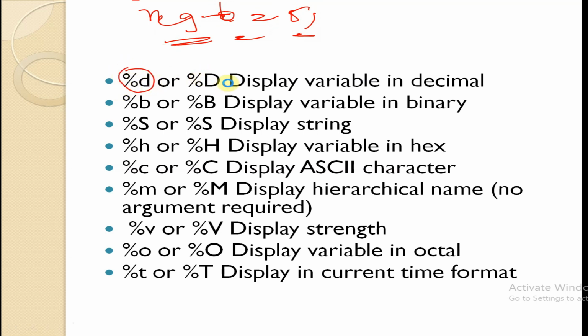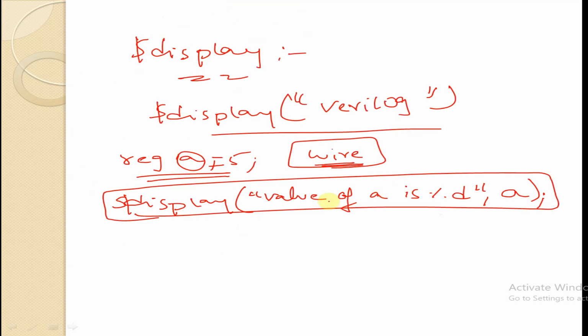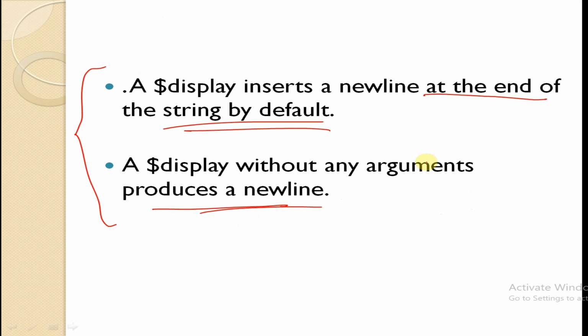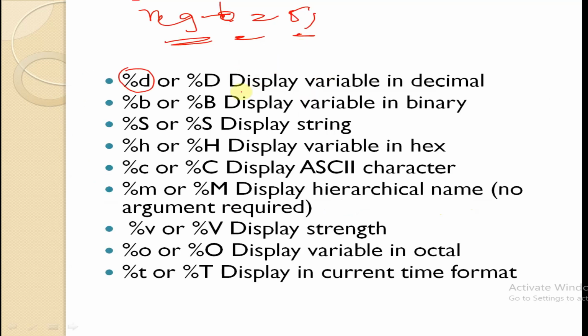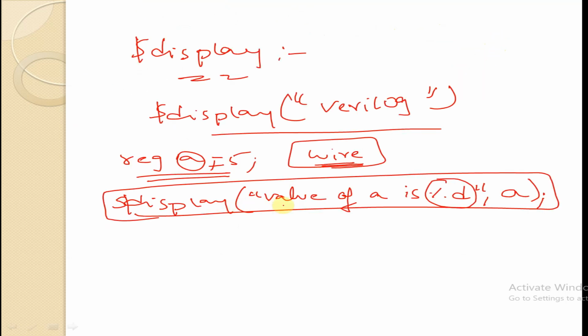It can be small d or capital D. If the argument is %d, then the value will be displayed in decimal, and if it is %b, then it will be displayed in binary. And if we want to display a string, like Verilog, then in the display statement the format is %s.